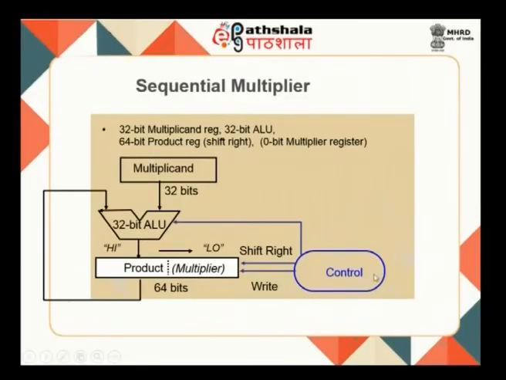So, at every point you check the last bit, that will tell you whether the corresponding multiplier bit is a 1 or a 0. Accordingly, if it is a 1, you add the multiplicand to the partial product and then shift it right, or simply add zeros to the partial product and shift it right. And this process has to continue for 32 bits, because you are doing a 32 by 32 multiplication, and this is what is called a sequential multiplier.